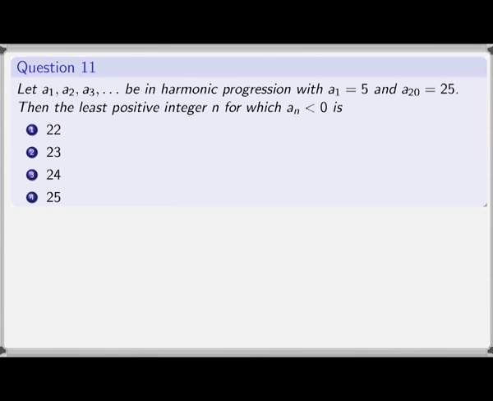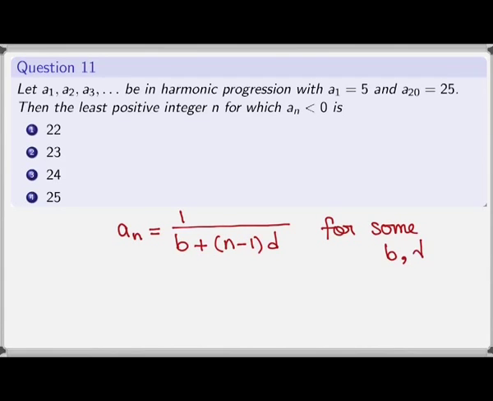Let A1, A2, A3 and so on and so forth be an infinite harmonic progression with the first term being 5 and the 20th term being 25. We shall find out the least positive integer n for which an is negative. We write the nth term an as 1 by (b plus (n minus 1) into d) for some b and d.